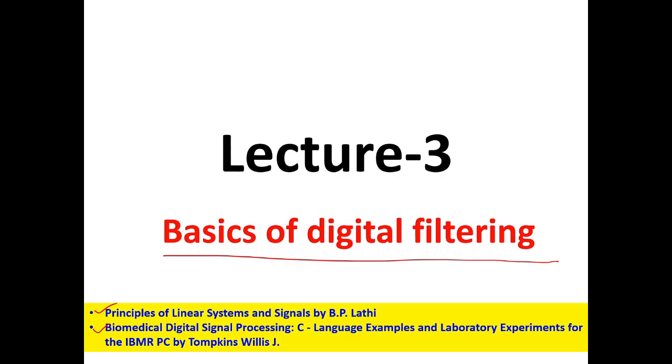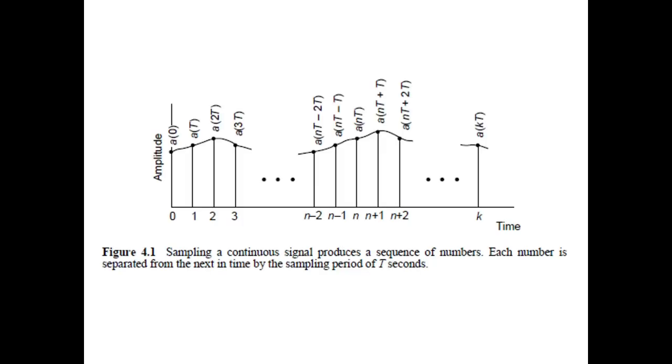Okay. So let's proceed. So the first thing is sampling. Okay. So we have already discussed sampling. So what is sampling? If we have a signal and we discretize the signal in the time domain, then the process of discretization is regarded as sampling.